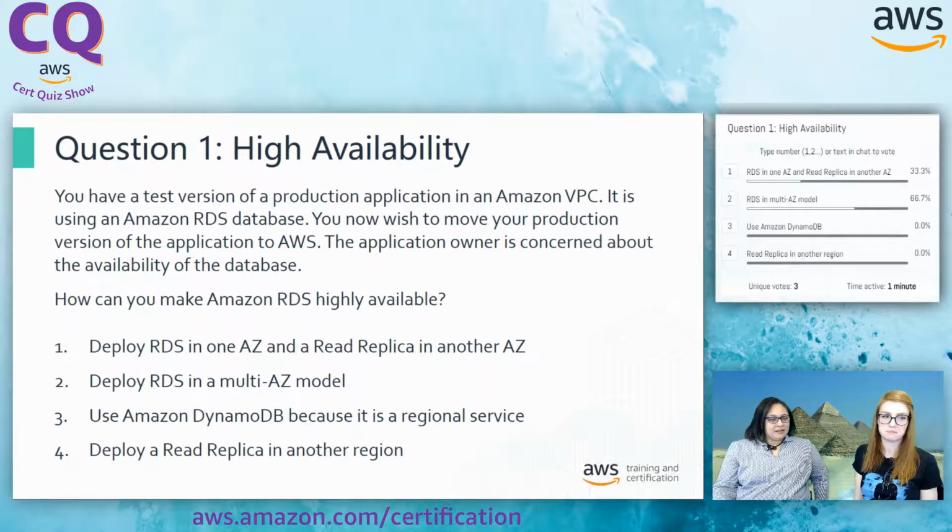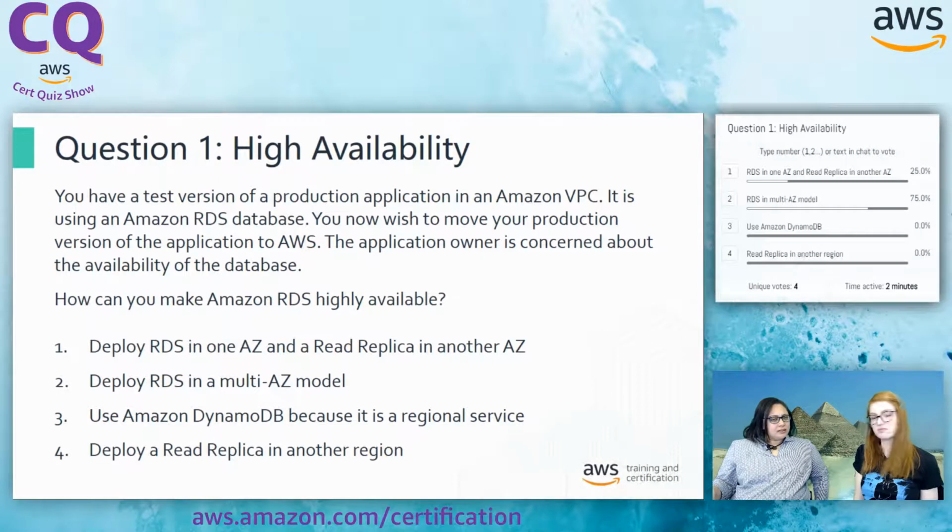Okay. Deploy RDS in multi-AZ mode, that probably sounds like the good option. Because RDS gives you the option to create an RDS within multi-AZ, or even if you have an RDS that's not multi-AZ, you can go and modify it to multi-AZ. And what it does is replicate all of the data from the master to the standby synchronously.